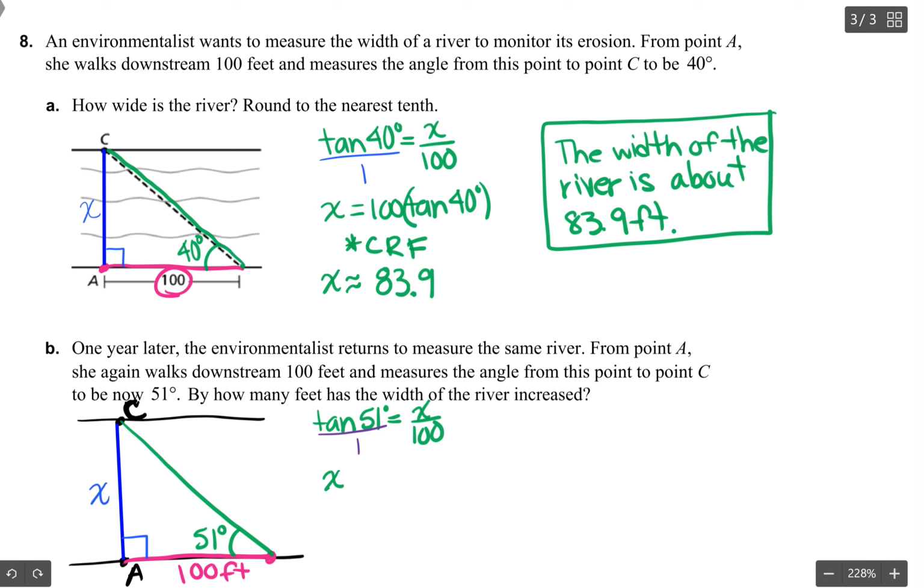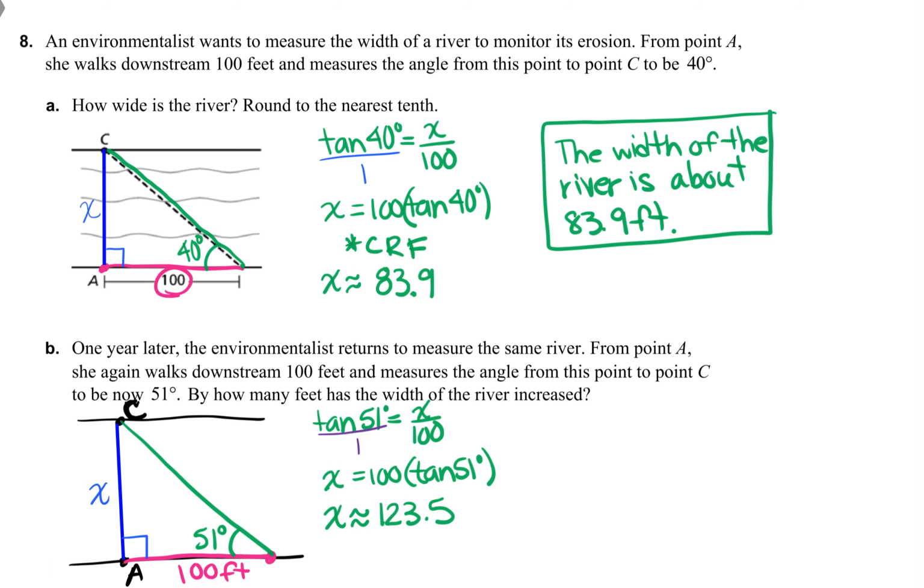So X times 1 is X equals 100 times the tangent of 51 degrees. So then plug into our calculator. This is calculator ready form. We get that X is about 123.5.